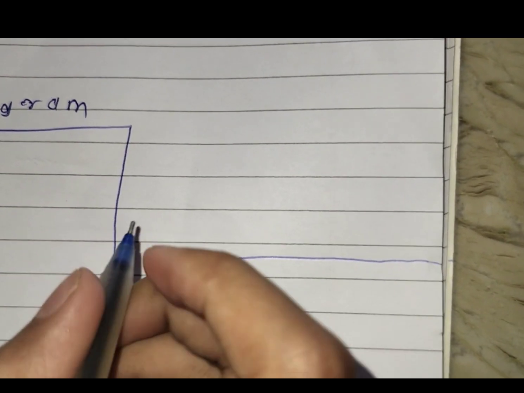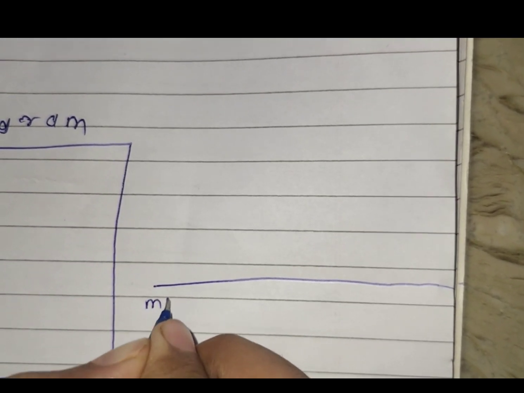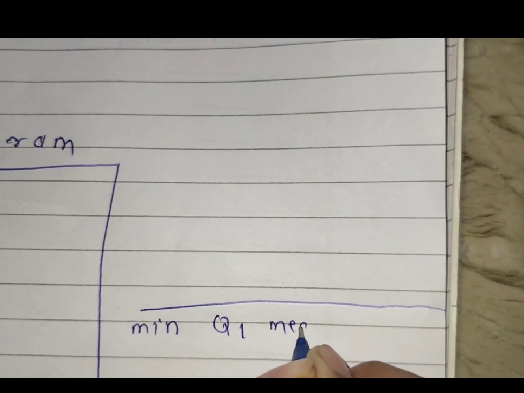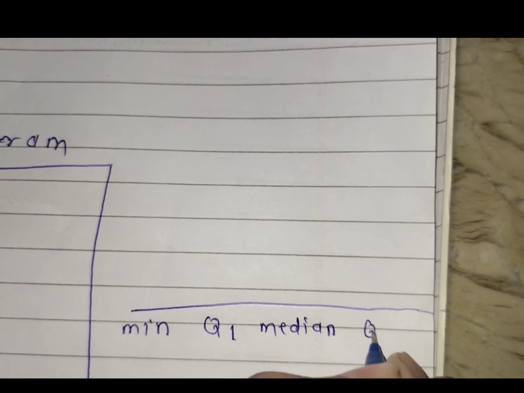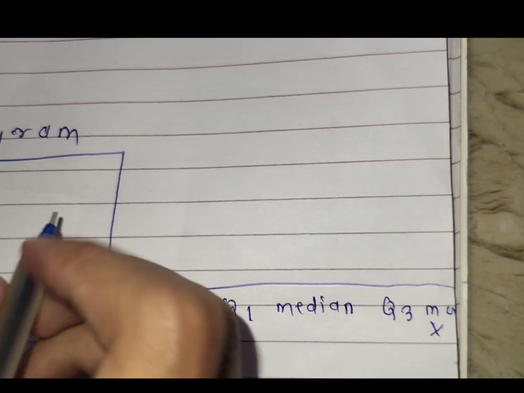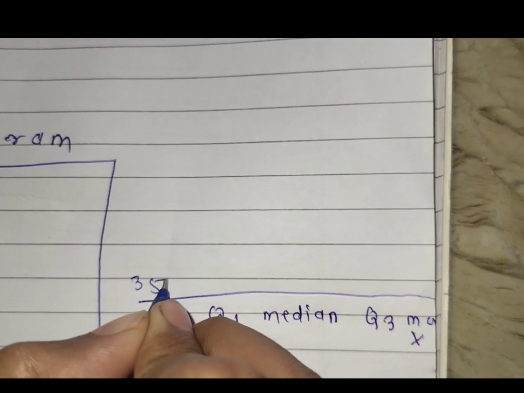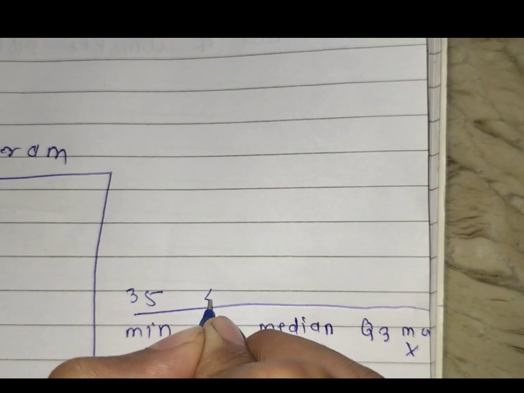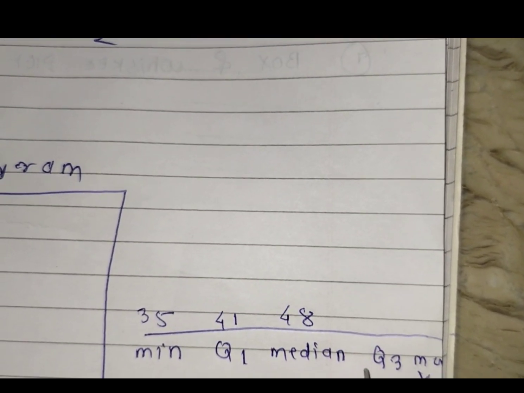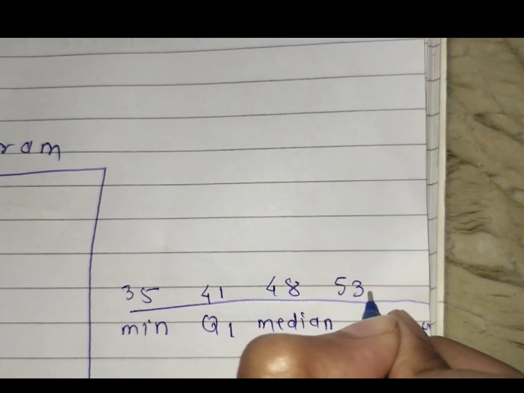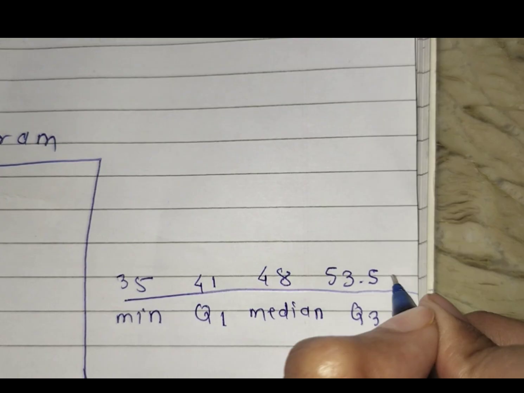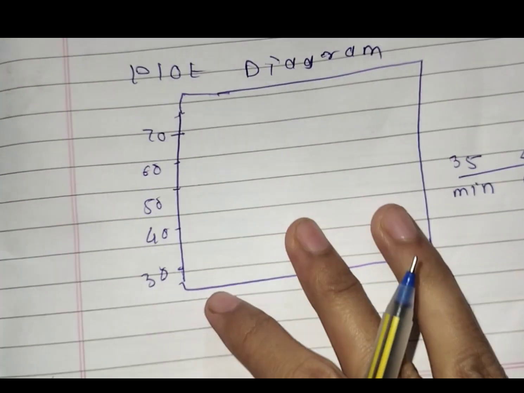That means we have 35. Then we will give Q1, median, Q3 and max. So min we have 35, Q1 we have 41, median is at 48, Q3 is at 53.5 and max is 90. So we will plot it.